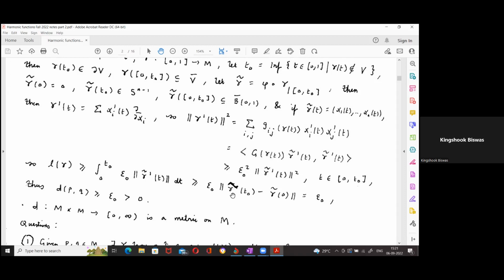And this norm is equal to 1, because gamma tilde(T naught) belongs to the unit sphere and gamma tilde(0) is 0. So we get epsilon naught. Therefore the length of gamma is greater than or equal to epsilon naught for all gamma, and so distance PQ is greater than or equal to epsilon naught. Is this okay? Yes, sir. Okay, so that proves that this distance function is a metric.